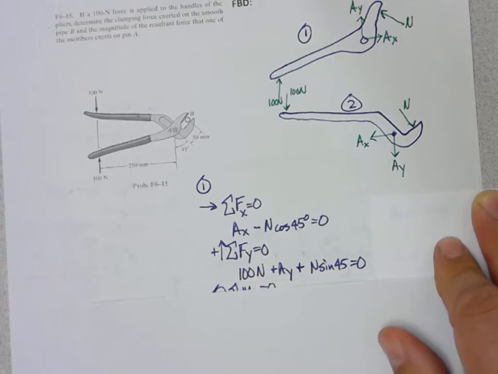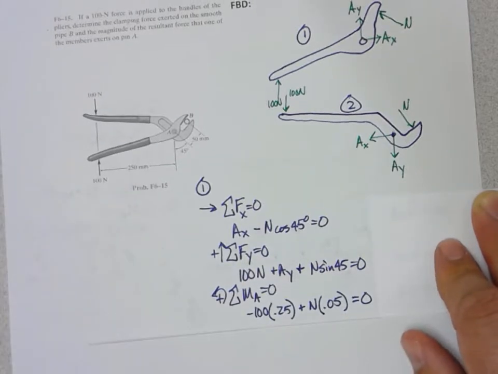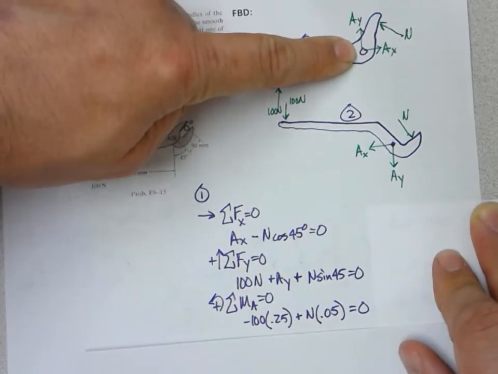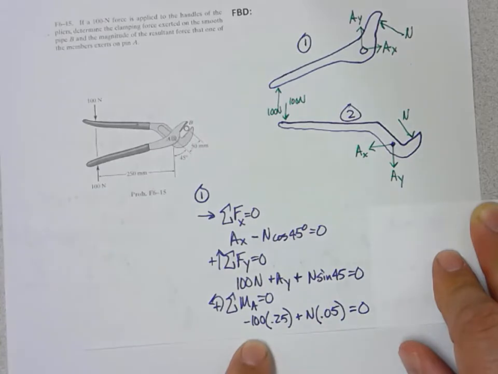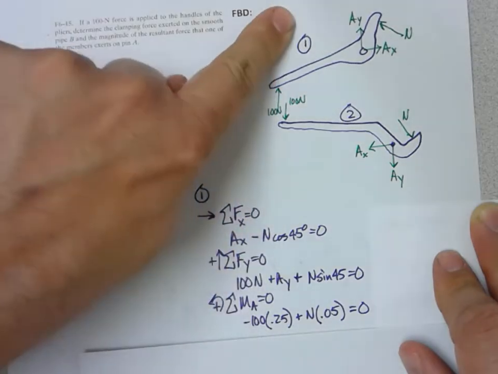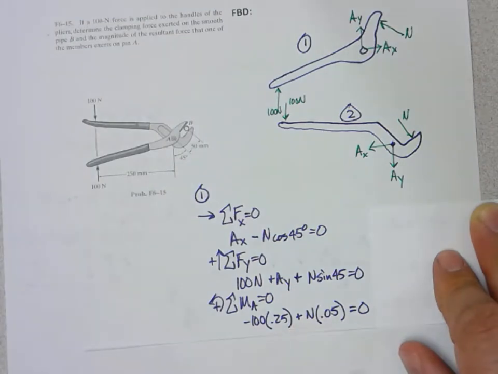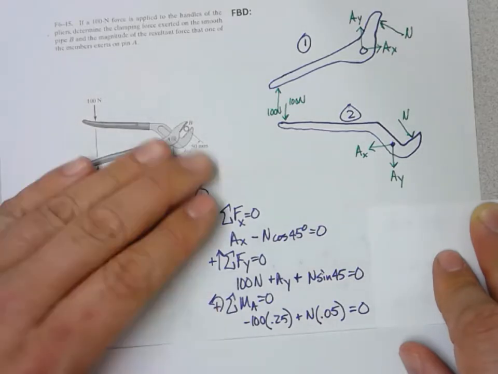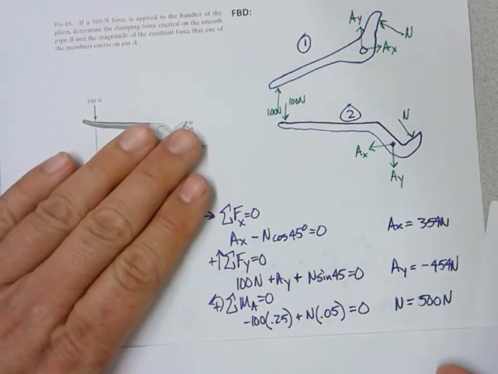Lastly, so I've got 1, 2, 3 unknowns, so I need to sum the moments about a point, and I choose to sum about A, because that's going to eliminate the most unknowns. And I end up with negative 100 times 0.25, right, because it's going clockwise, plus N times 0.05 because it's going counterclockwise. Now I have 3 equations, 3 unknowns, and I can solve those like this.